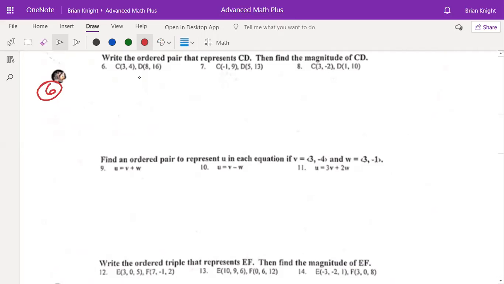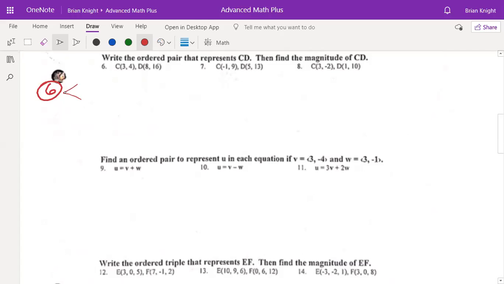So first, the direction matters. So if it says write the ordered pair that represents CD, okay, vector CD, that means we're starting where? At C and going to D. So you have to do the D components minus the C components, okay? So very simple, you just make that, it's not a parentheses, it's like a little less than sign.